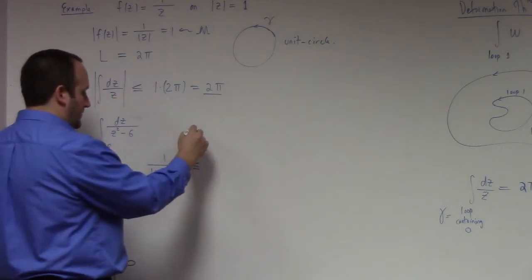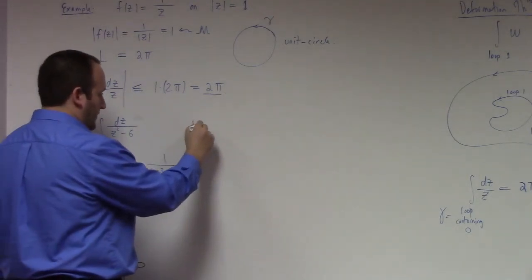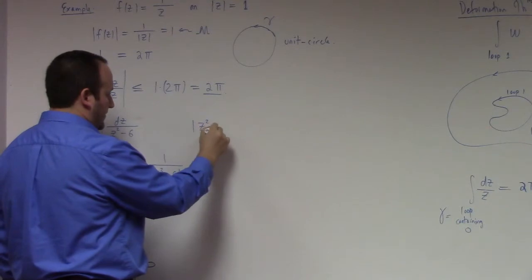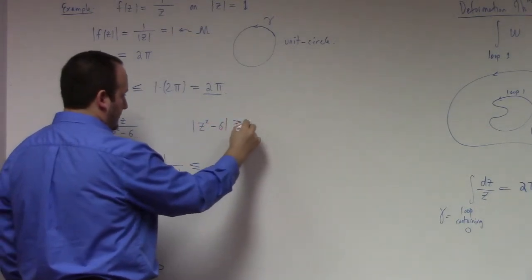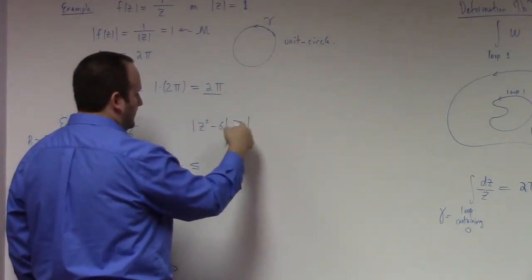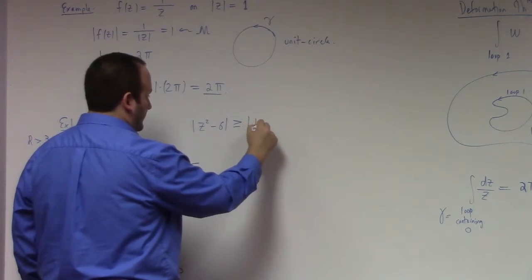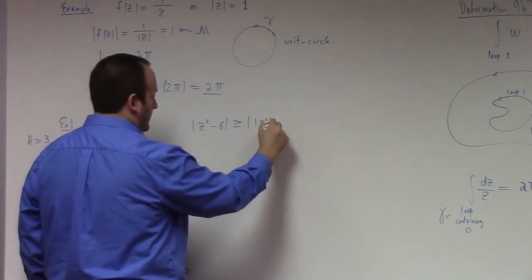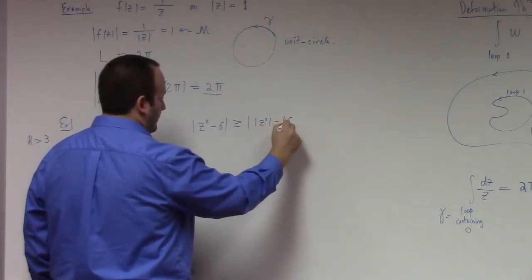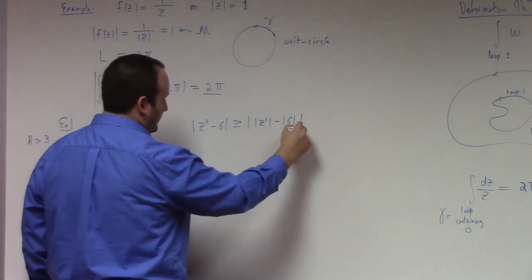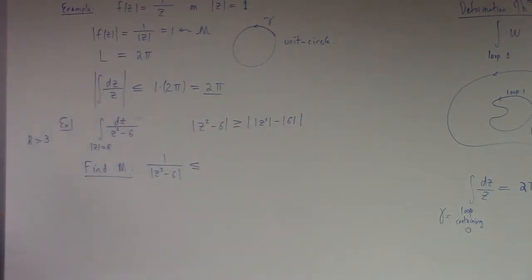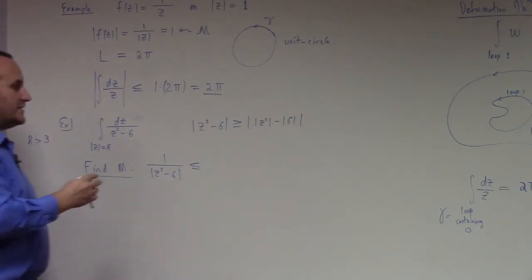So here's the thing. The modulus of z squared minus 6 is greater than or equal to the absolute value of the modulus of z squared minus the absolute value of 6. That is a consequence of the triangle inequality.